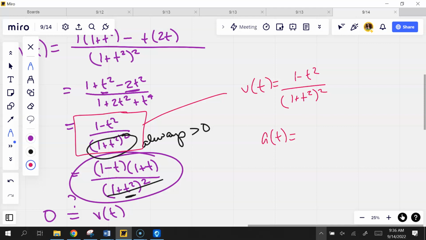Derivative of the top times the bottom minus the top.